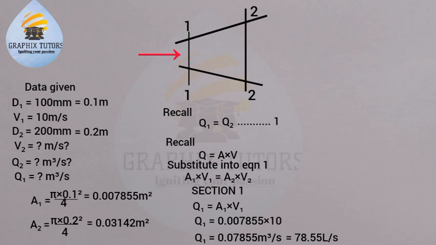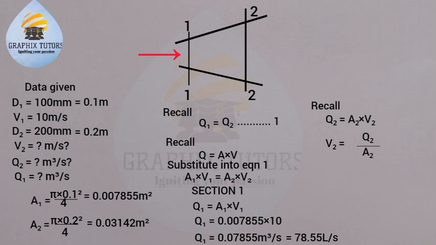Now we've gotten the discharge at section 1. At section 2, to get the discharge, recall Q2 is equal to A2V2. If I calculate for the velocity first, V2 will be equal to Q2 over A2.